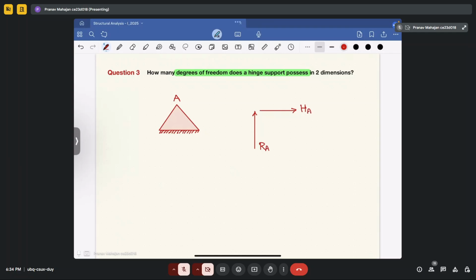Now he's asking you about the degrees of freedom. So in this case, what he is asking is in how many directions this support can move. From this you can see it cannot move in the horizontal direction and vertical direction. Now in what direction can it move? It can rotate. So hinge A can rotate.